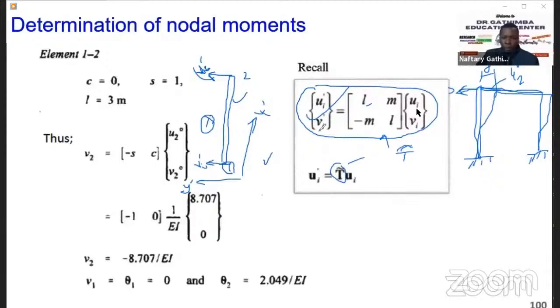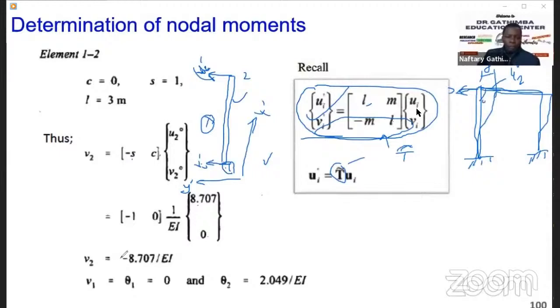We obtained V2 using this equation here. As you can see, the sine and the cos, the negative M and L, U2, V2, you replace that, and you are going to get V2 as negative 8.707 EI. And of course V1 and theta 1 are 0, because this support is fixed. And theta 2, of course, is as given. Beta remains the same.